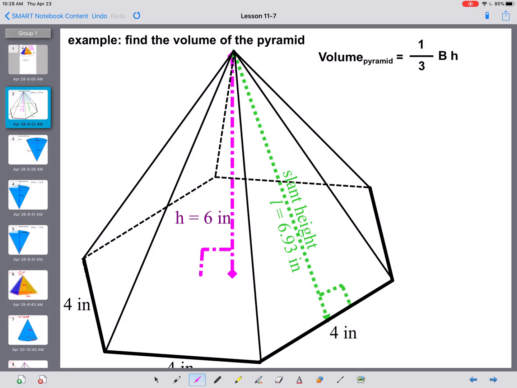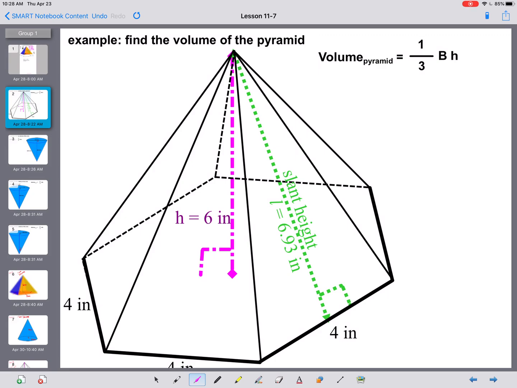I also drew the slant height, which is on the outside. I drew them both to show you that when we're finding volume, we use the height right down the middle. We do not use the slant height to find volume. If we wanted to find area, then we would use slant height, but not for volume.